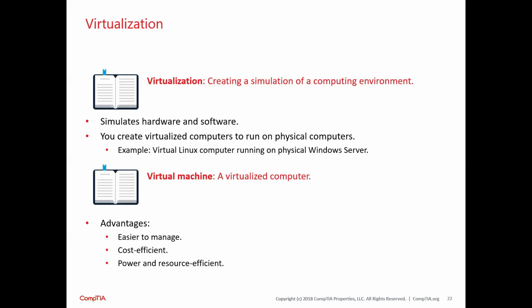So when you run Windows 10 with VMware, for example, and on VMware you run, let's say, Linux or Kali Linux, Kali Linux is known as the virtual machine, and this virtual machine is also known as the guest operating system.